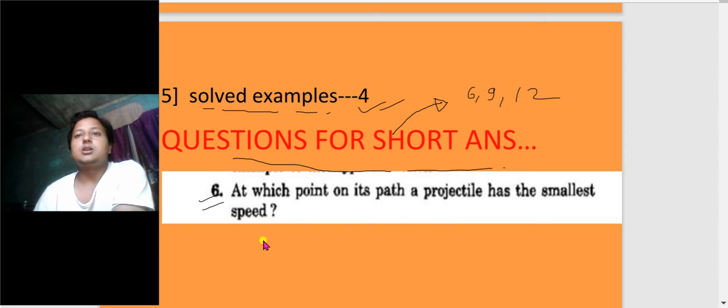Here the nature of the projectile and the path of the projectile are not given.